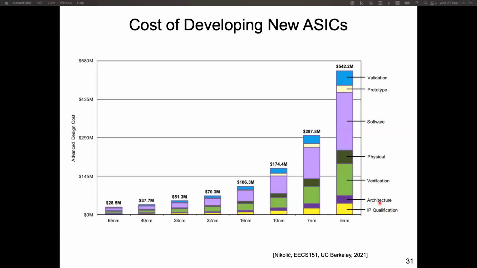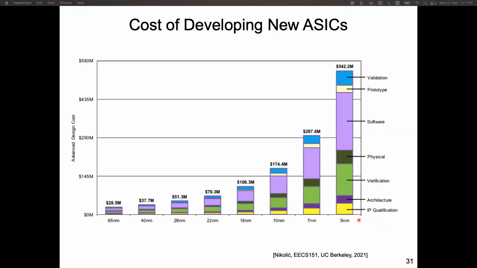Architecture, therefore design cost. IP verification, IP qualification, that is the cost to verify and the quality provided by a third party IP vendor. IP is intellectual property. It may be a block, like a USB interface block. You may buy it from the market and not designed by yourself.